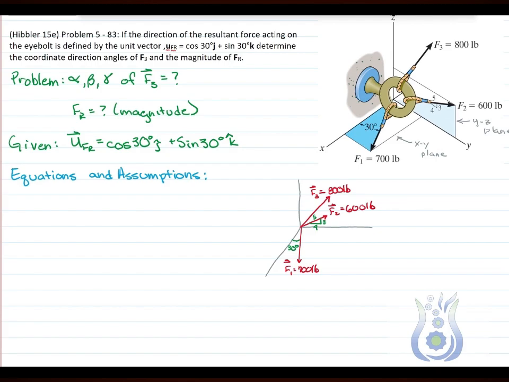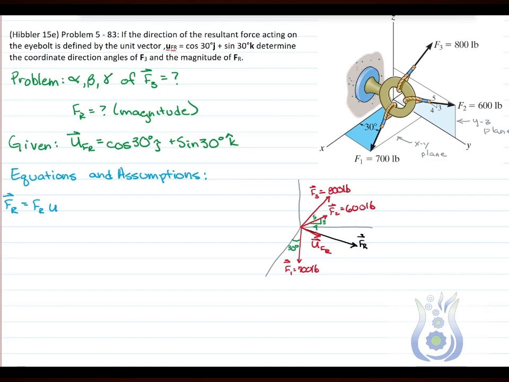That's equal to our magnitude in the x direction times the cosine of alpha times i hat, or the unit vector in the x direction, plus the magnitude in the y direction times cosine beta times j hat, which again is the unit vector in the y direction, plus the magnitude in the z direction times cosine gamma times k caret, which is the unit vector in the z direction.